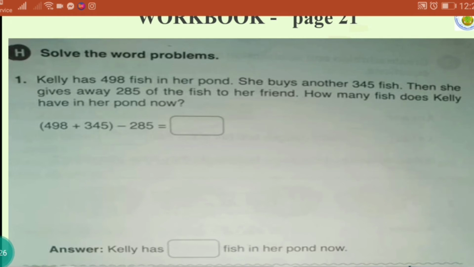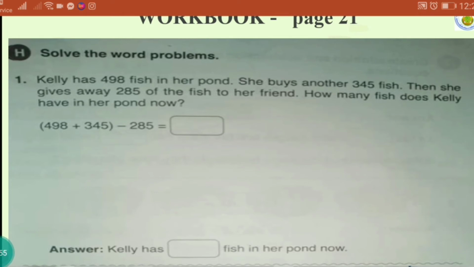So in your workbook, page 21, we have here a word problem example. So let's read it loud. Let's read together the problem. Kelly has 498 fish in her pond. She buys another 345 fish.